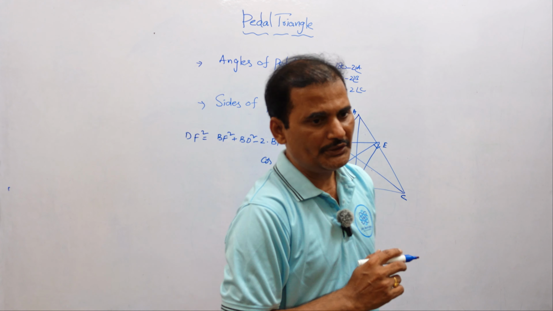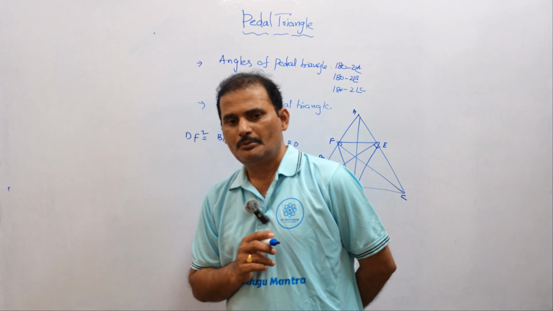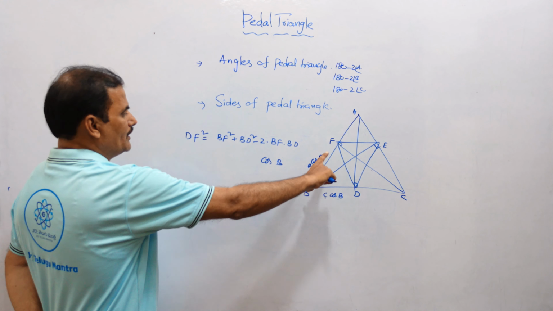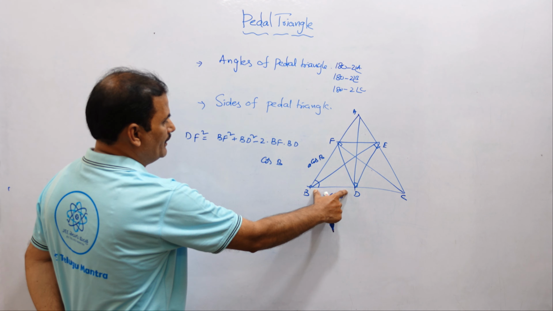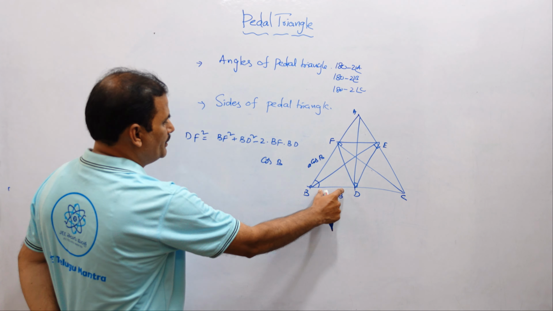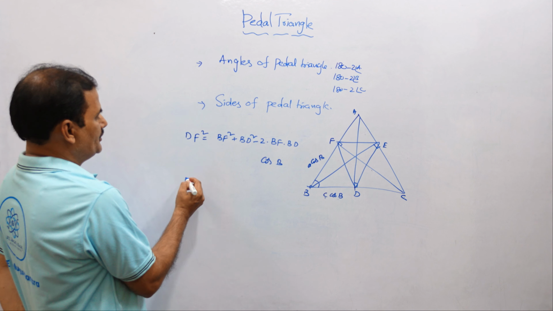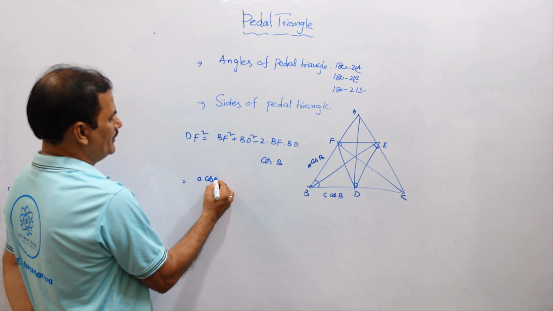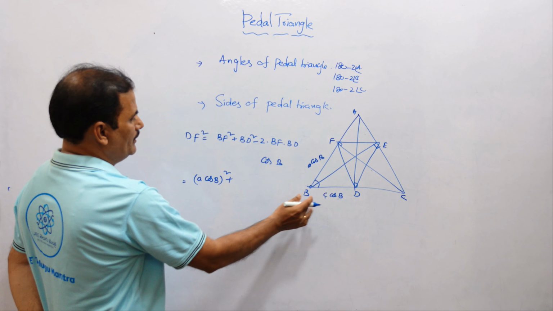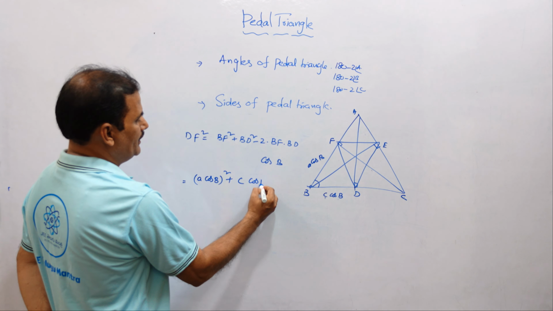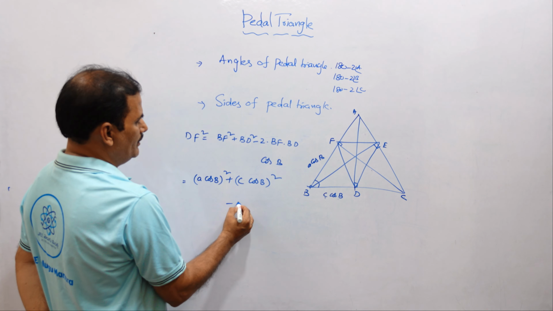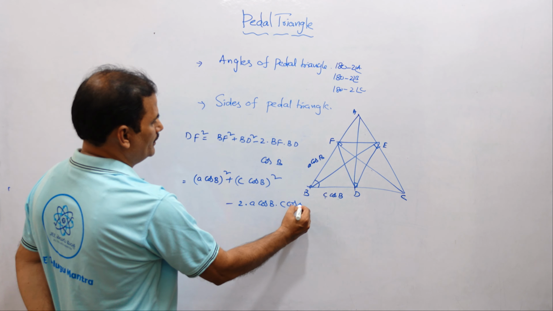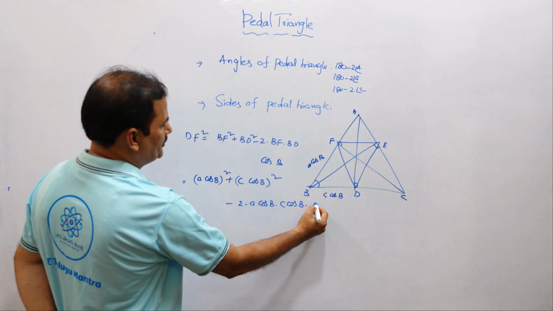Likewise, DF square is equal to BF square plus BD square minus 2 into BF into BD into cos B. So apply this. BF is A cos B. A cos B whole square plus BD, C cos B whole square, minus 2 into A cos B into C cos B into cos B.